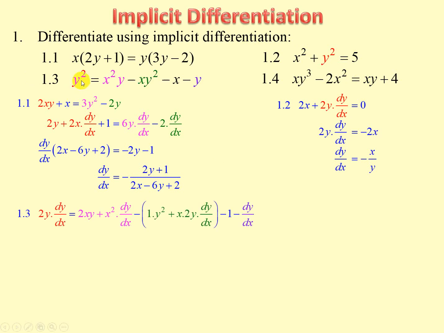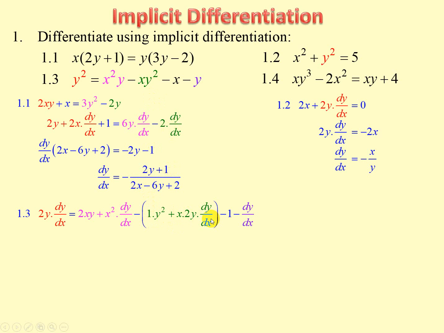Number 3, y squared, we have to use chain rule. x squared y, well, that's the product rule. Derivative of x squared times y plus x squared times derivative of y, minus, don't forget to put brackets for this because we're subtracting, product rule, derivative of x times y squared plus x times derivative of y squared.